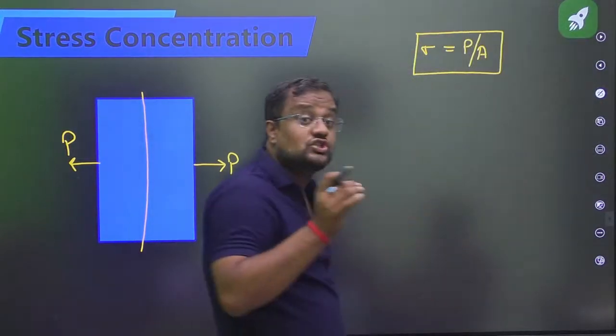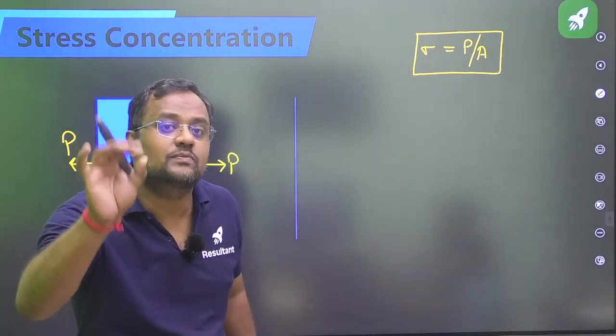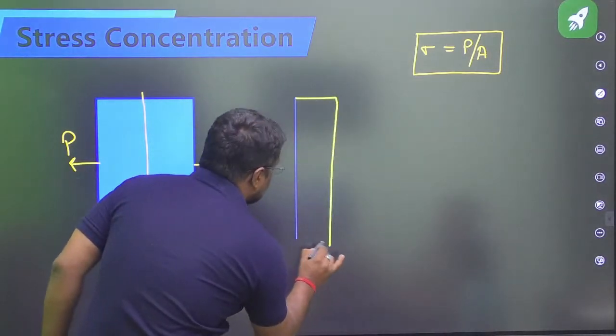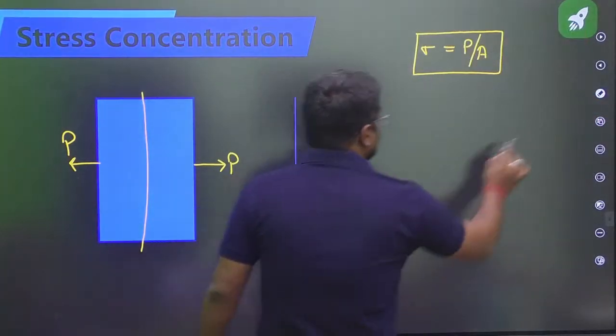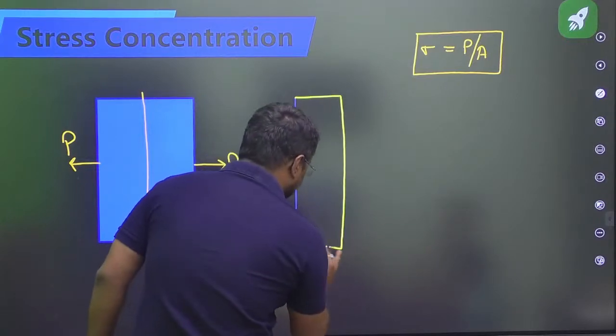We assume, see the word, we assume that the stress is constant over the whole section, and we draw it as a straight line like this.